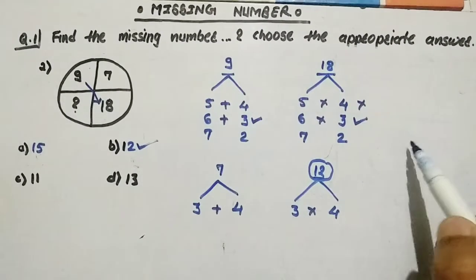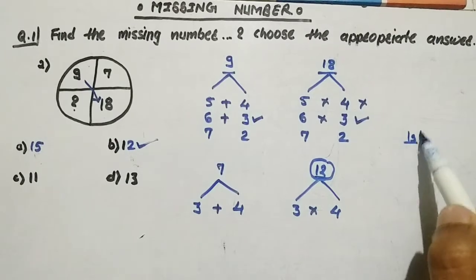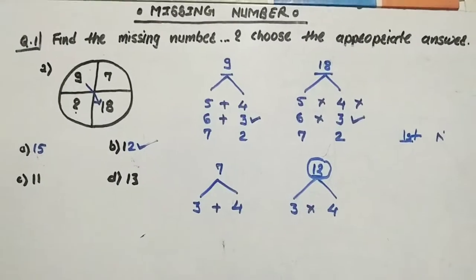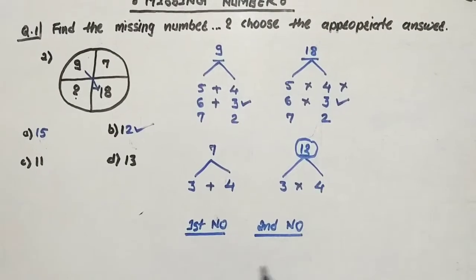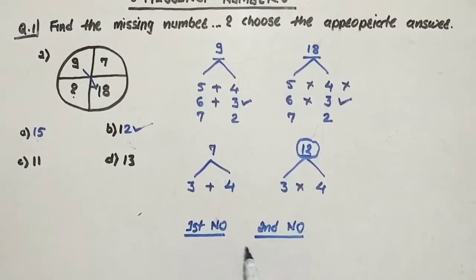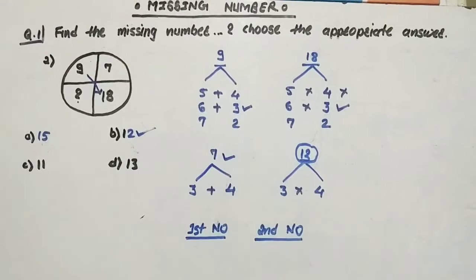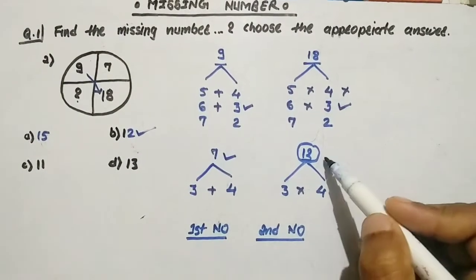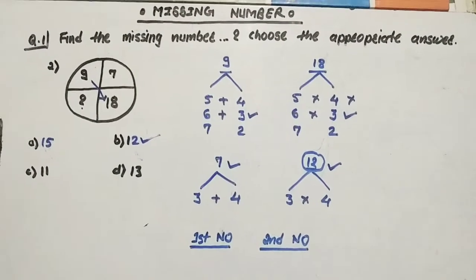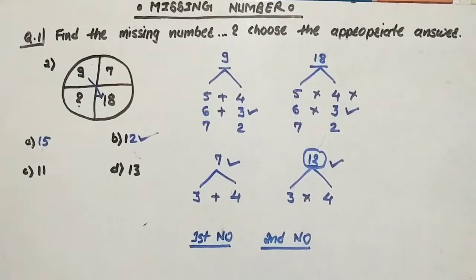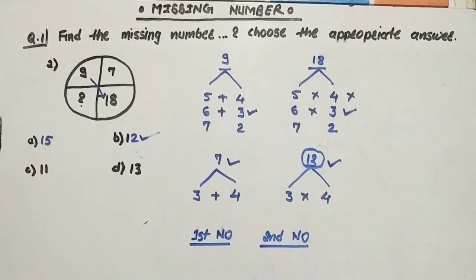Find out two numbers which when we add and when we multiply, then we will get the answer. So that is the concept behind these pics. So let's move on to the next example.